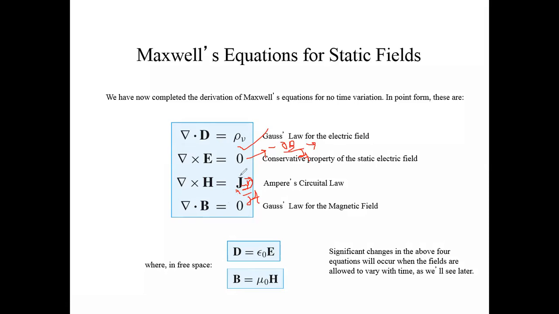So these are the four Maxwell's equations for the time varying field. From here, you can easily remember, or easily derive, the equations for the static field. For a static field, if it is not varying with time, then del upon del t, the differentiation with respect to time, will be zero.